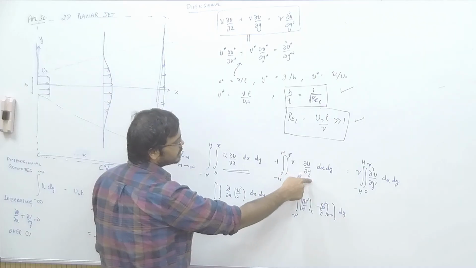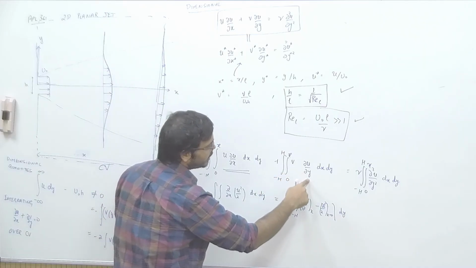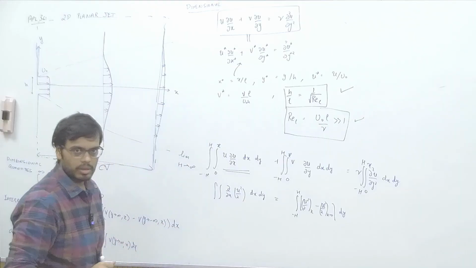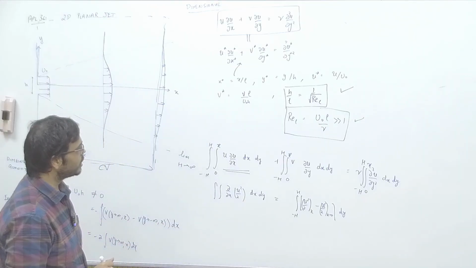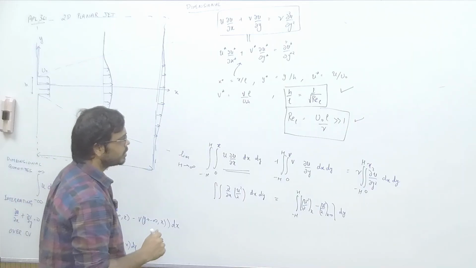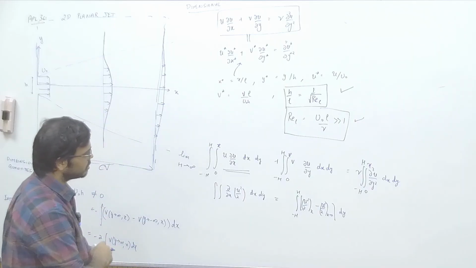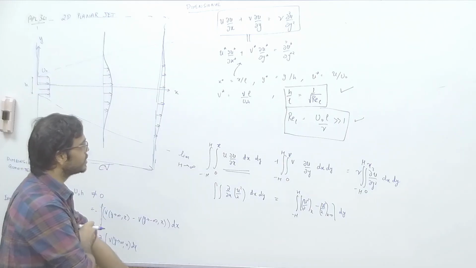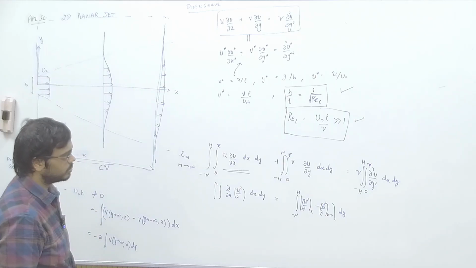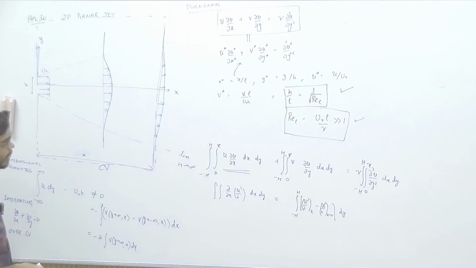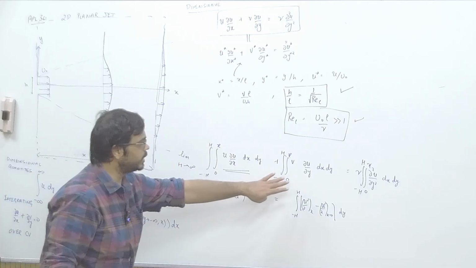Okay, now this term is not really a complete derivative. v del u by del y is not a complete derivative. So how do we treat this? How do you think we can treat this term v del u by del y?